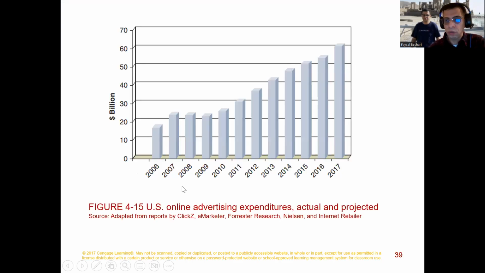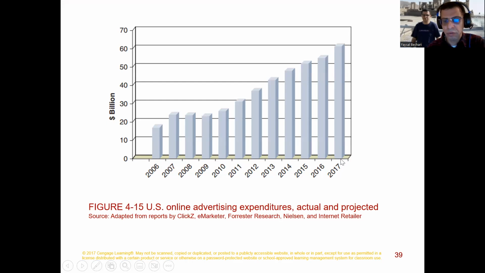But why are we so keen to do that? Lots of companies now are into websites and advertising, and you notice here the amount of money: $1 billion in 2006 was almost $20 billion.